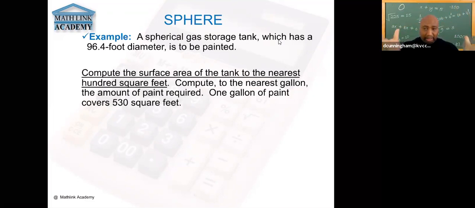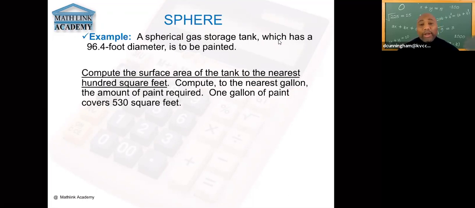So we want to paint this sphere, and the diameter is 96.4 feet. So we want to compute the surface area first of the tank. Now the surface area is just the outer part. We're not talking about what it holds, but the surface area. And then we want to compute the nearest gallons amount of paint required.